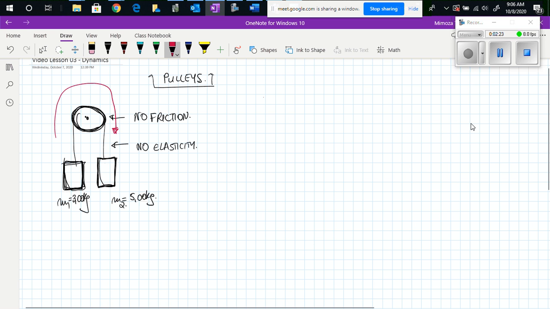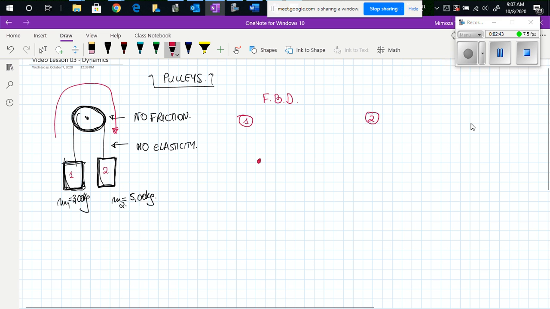So then what do we do? This is the situational diagram. What we do is start building the free body diagram. We build the free body diagram for each of object 1 and object 2, mass 1 and mass 2.